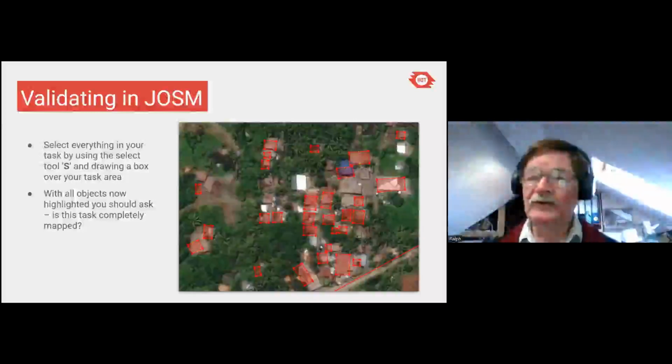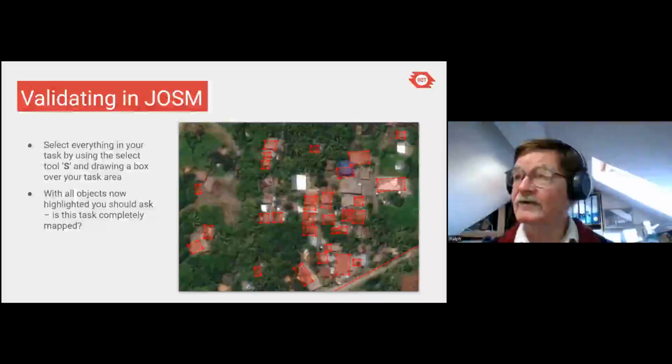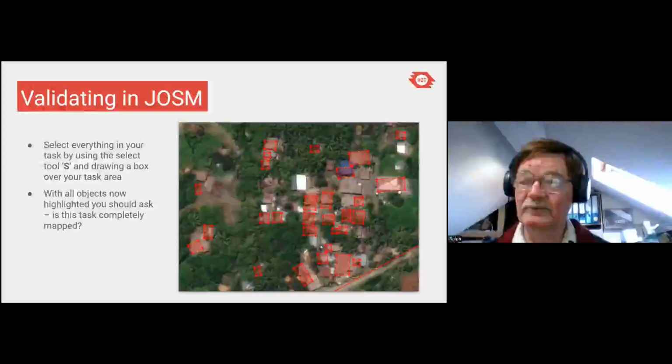The person who marked the task complete is the one who should have checked that everything has been mapped. So even if there's 10 or 11 people that mapped on the task, that is the person you need to tell that they have not completed the task before they marked it as complete.